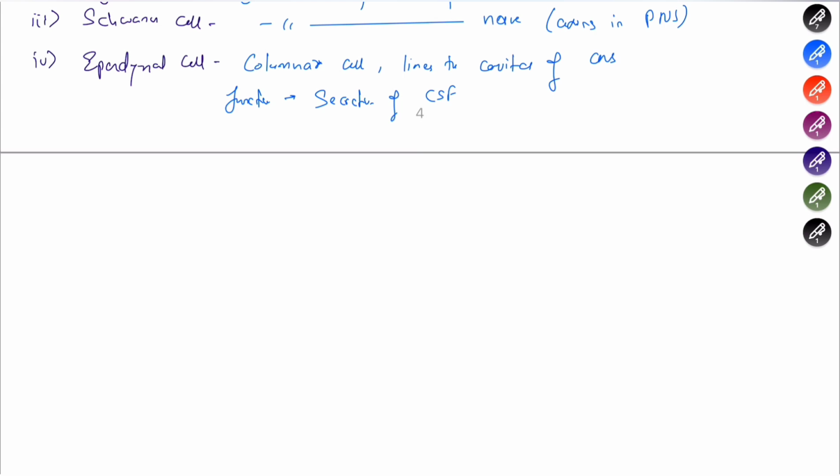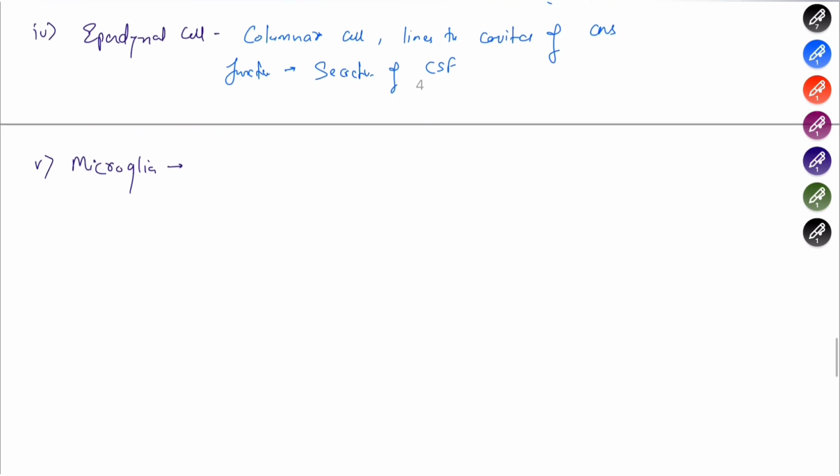Now the next cell is the microglia. Microglia are the phagocytic cells. Their function is immunological or phagocytosis.